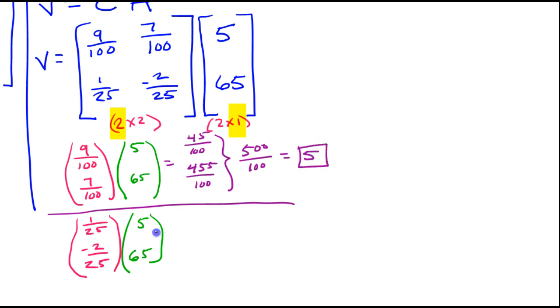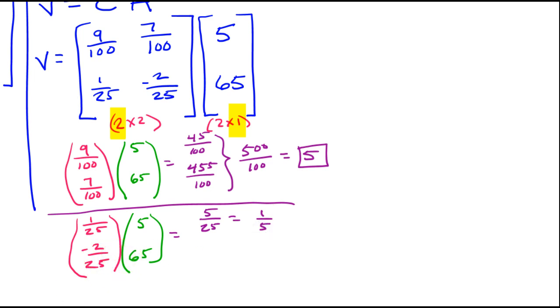Okay, I'm going to do the same thing down here. If I multiply these together, that's going to give me 5/25ths, which reduces down to 1/5.